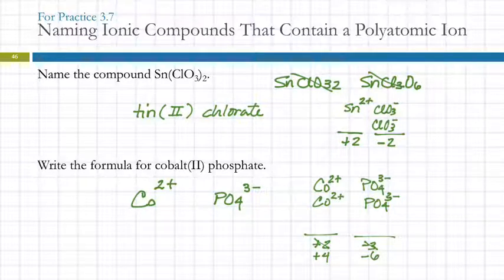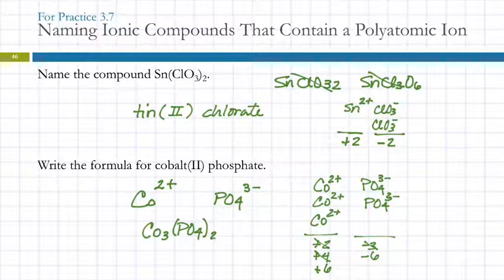And then, well, dang, we're just going back and forth. Add another one of these. There we go. +6 and -6. I'm going to count them up. I have 1, 2, 3 of those, Co3, and I've got 2 phosphates. So I've got PO4. It's a polyatomic ion, and there's 2 of them. So to avoid confusion, I'm going to shrink wrap them and put the 2 on the outside.